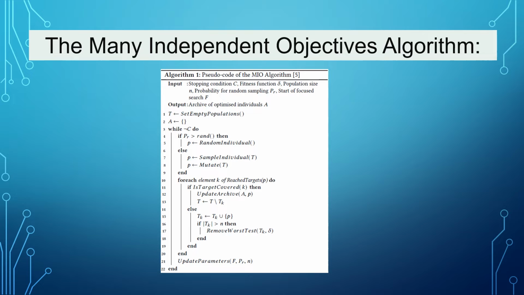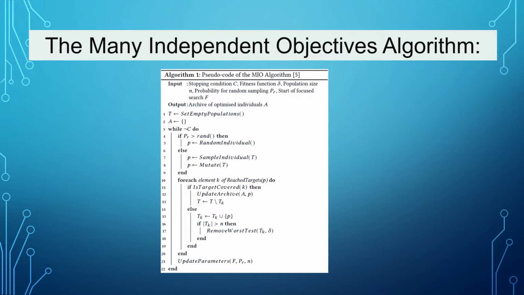The search starts with an empty population for each optimization target. Afterwards, at each step, with probability Pr, the MIO algorithm either samples new tests at random or samples a test from a population that includes uncovered targets. Next, the sampled test may be added to the population if it achieves any improvement on covered targets.